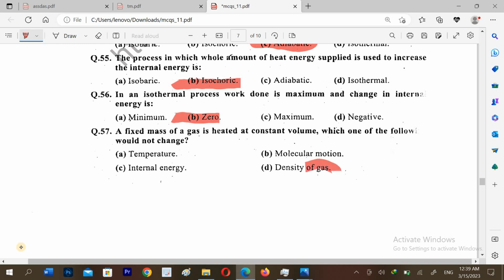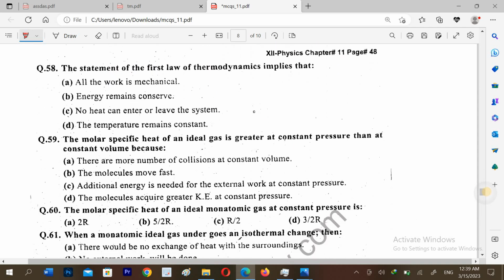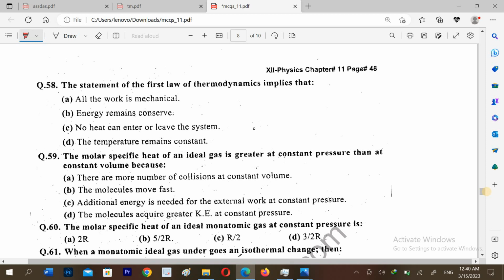D. The statement of the first law of thermodynamics implies that... C. The molar specific heat of an ideal gas is greater at constant pressure than at constant volume because... C.